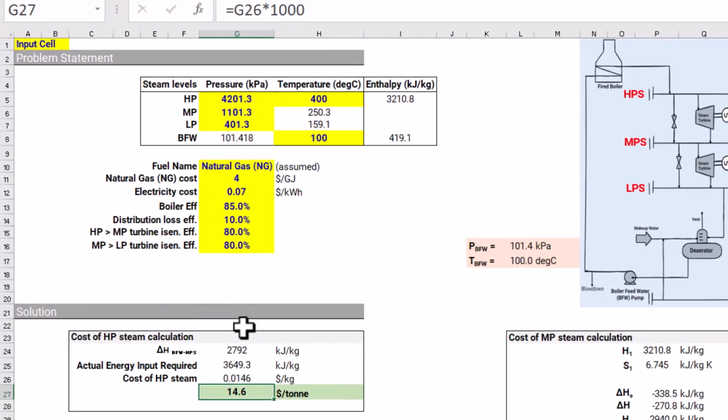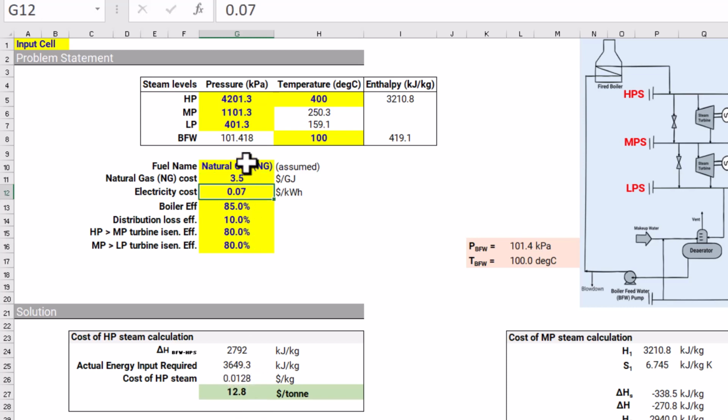Now, tomorrow or maybe after some time, if you get a new supplier who is ready to give you natural gas at a somewhat lower price, let's say $3.5 per gigajoule, at that time how your cost of steam changes, you can readily calculate.